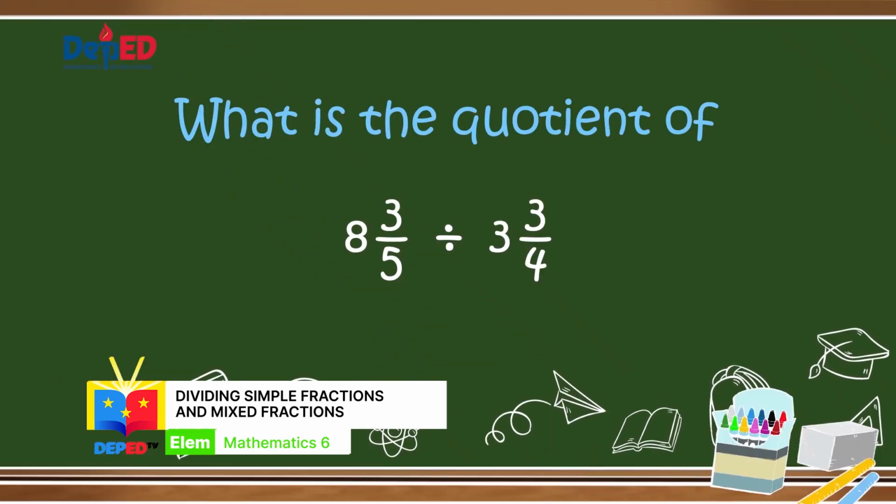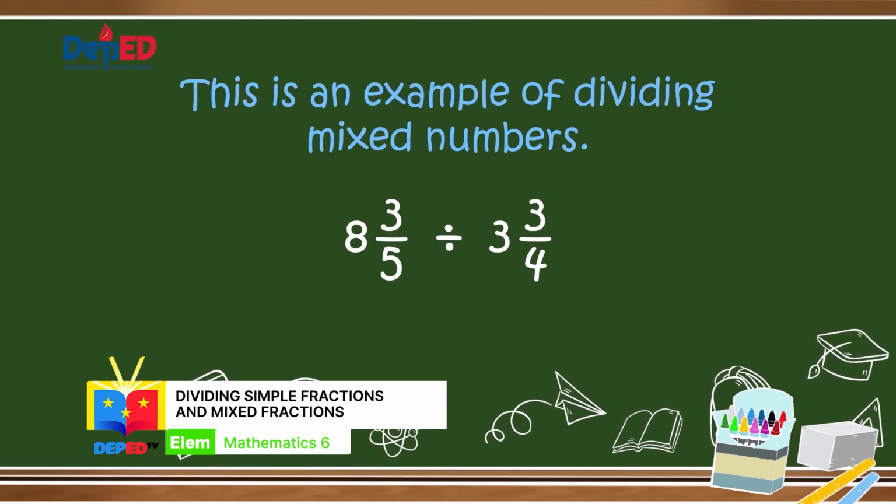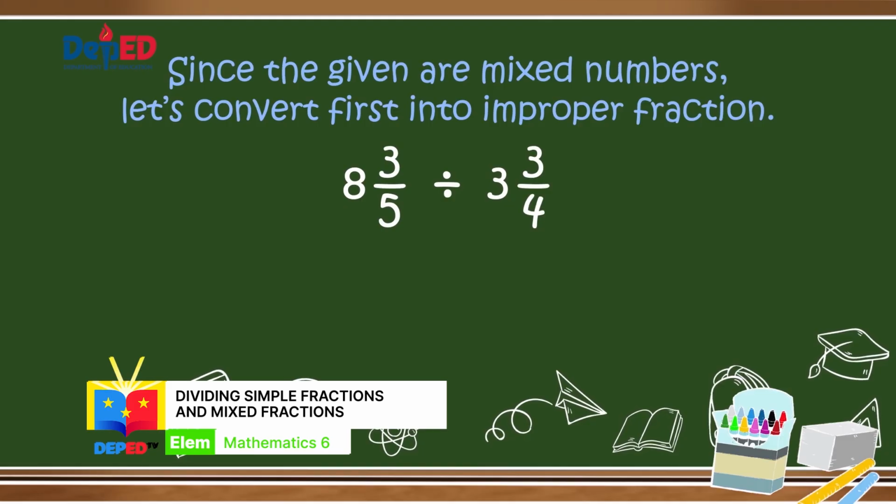Example number 3. What is the quotient if 8 and 3/5 is divided by 3 and 3/4? This is an example of dividing mixed numbers. Since the given are mixed numbers, let's convert first into improper fractions.